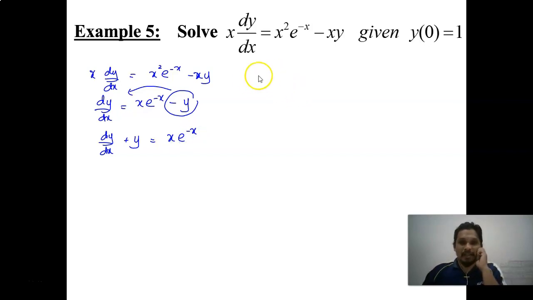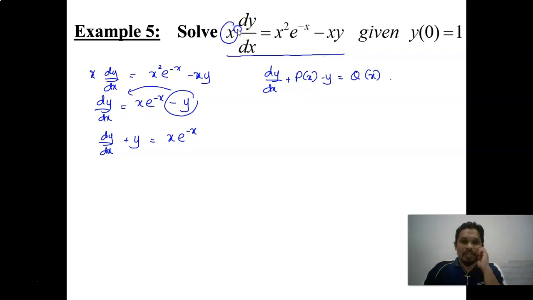Okay, we compare with this one here, dy/dx plus p(x) times y equal to q(x). From this question here, we get x multiplied with dy/dx. In the general form for the integrating factor, dy/dx is single, not multiplied with any variable or any numbers.